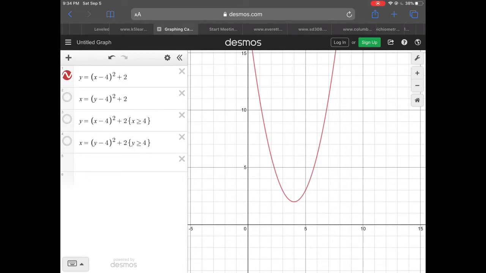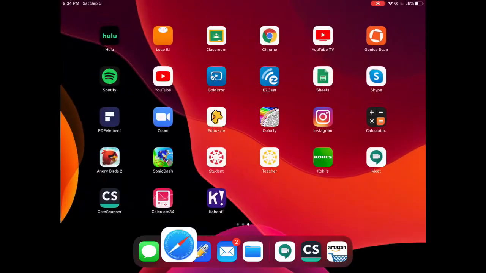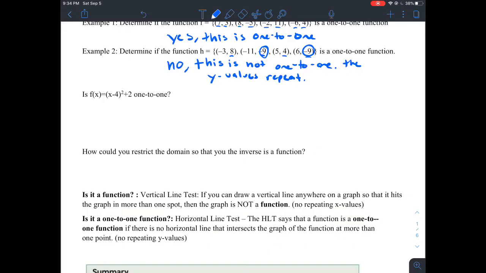If you do the horizontal line test, you can see here that this fails the horizontal line test. If we were to draw horizontal lines, they would hit the function more than once. So this function is not one-to-one. Okay, so we could put that down. No, it is not one-to-one.